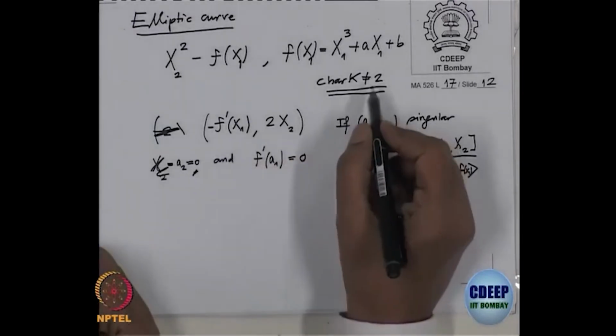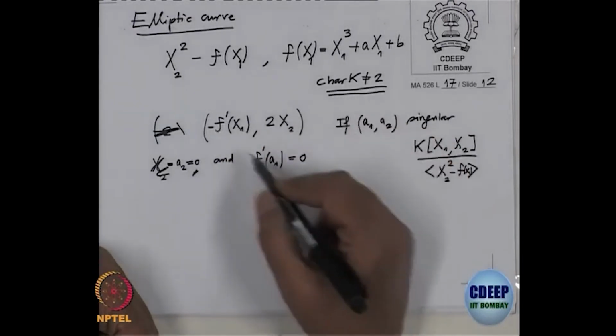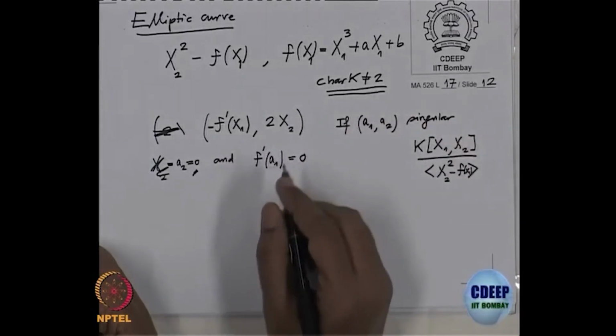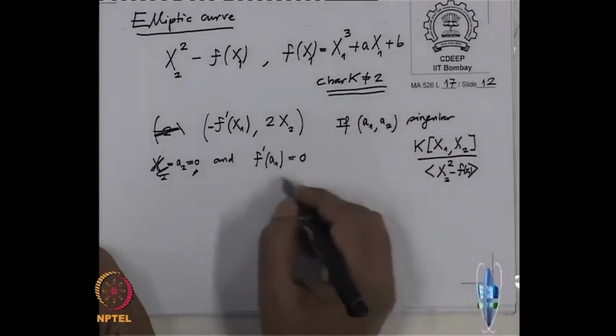Again, we are using characteristic is not 2 because of plus minus.